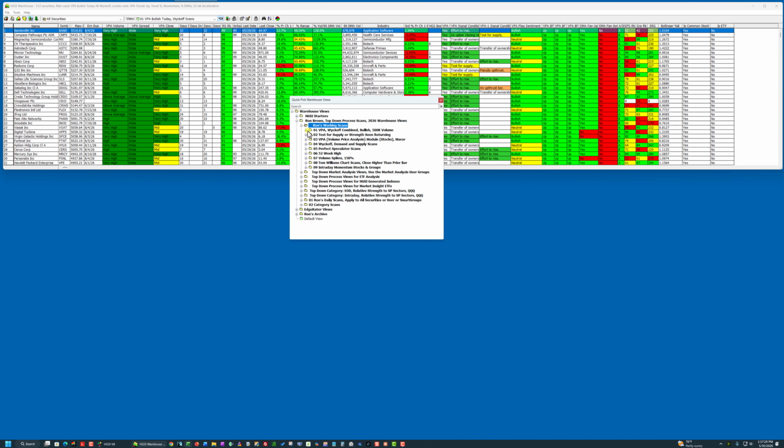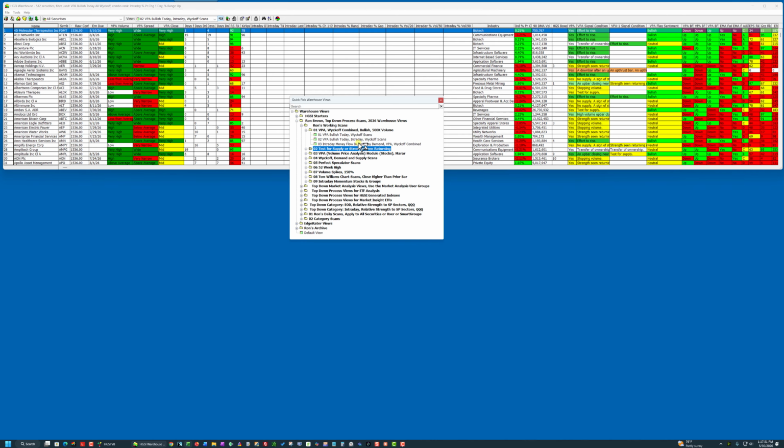Today I'm going to be working with VPA, Wyckoff, and Wyckoff combined bullish. These are bullish signals in this column right here, and they have to have at least a 500,000 volume. So this is the end of day version.